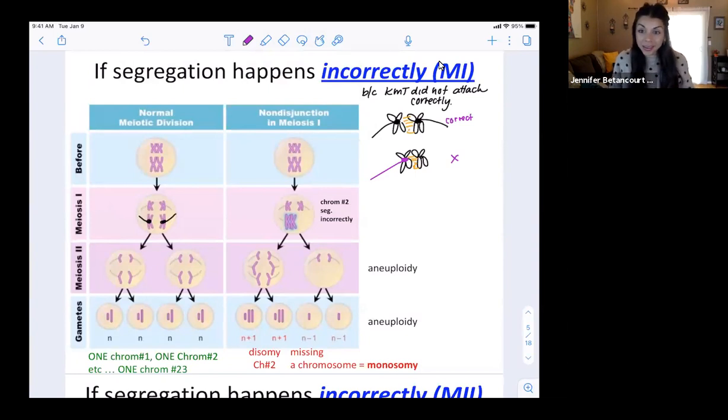That's not good. So when these kinetochore microtubules shorten, it's just going to yank the entire tetrad, this whole thing, even though it may not be attached to both kinetochores, it's attached to one. And this chromosome is attached to the other because it's zippered up.